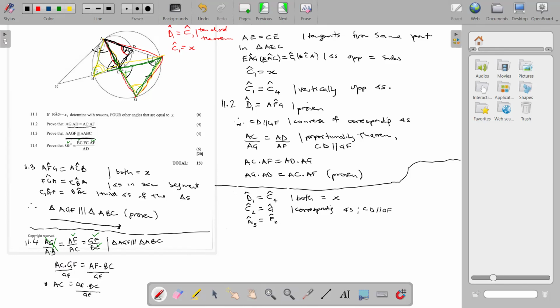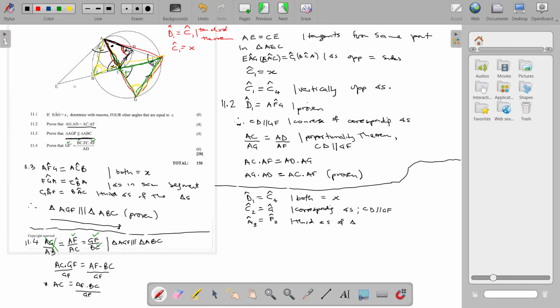Here, because two angles have been proven, we can just conclude these are third angles of a triangle. That is this angle and this angle.